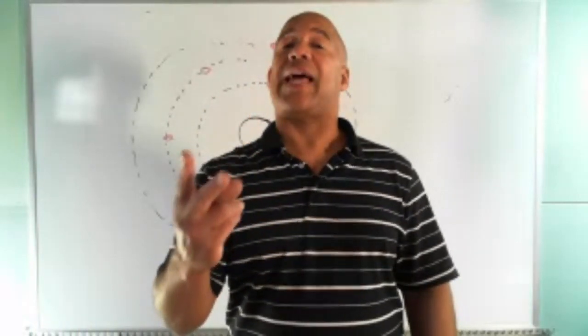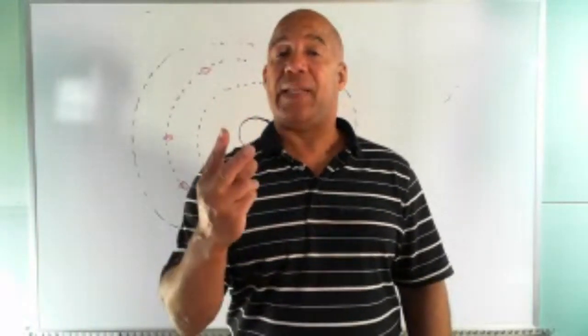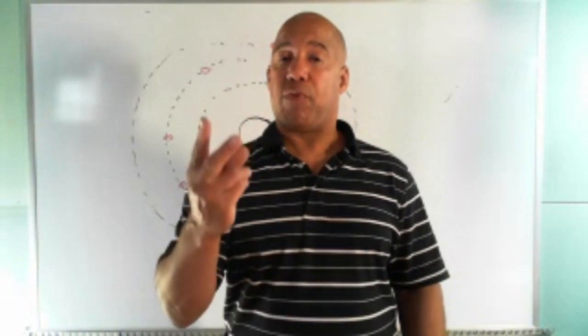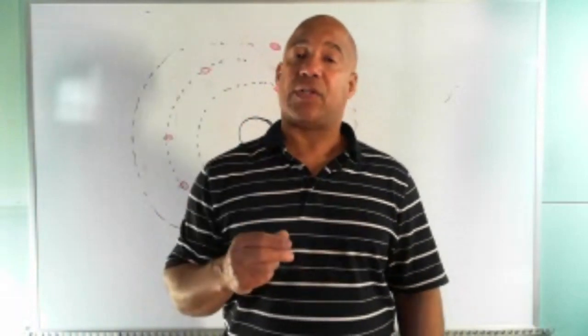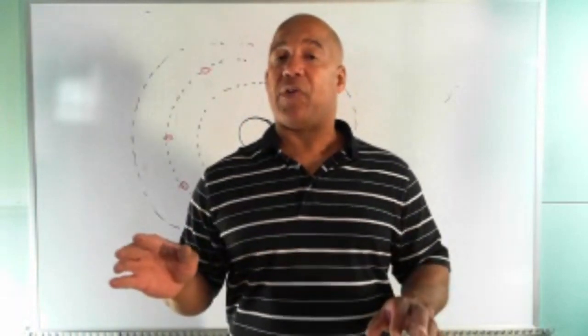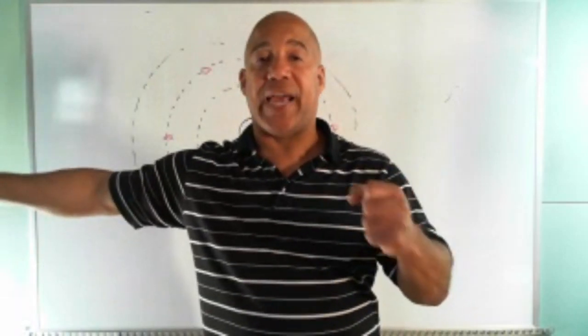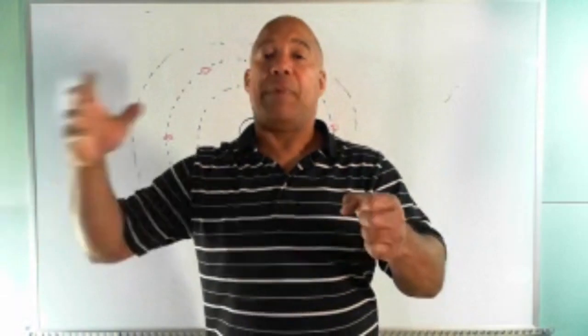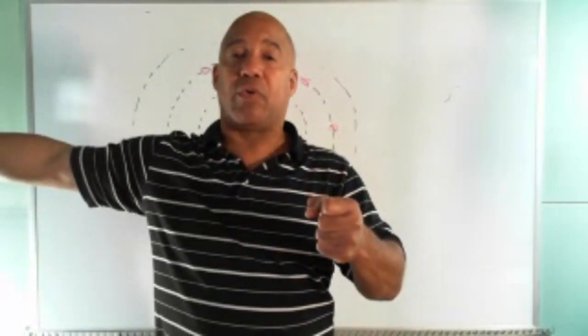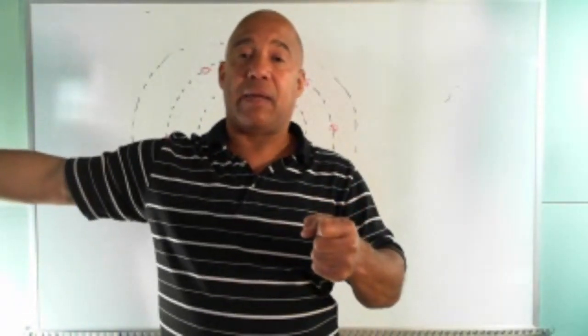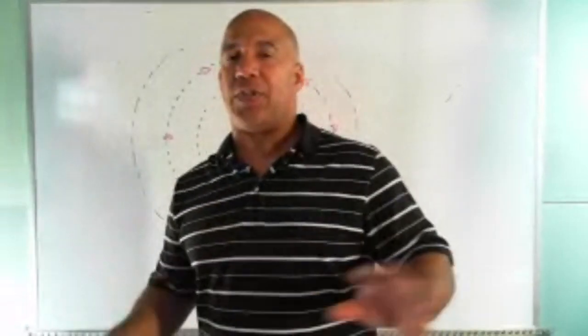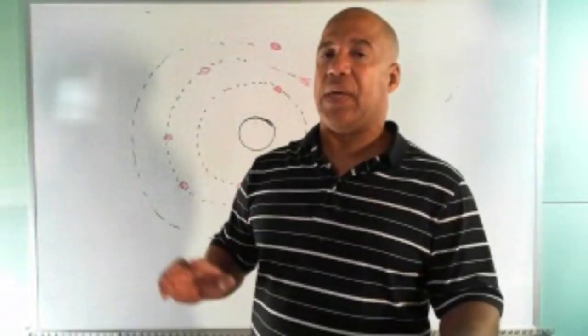Now, if we assume that I have a neutral atom of helium, that means I have 2 protons and 2 electrons. But there's nothing stopping Mother Nature from taking one of those electrons away. It can't take a proton away. That would change the element to something else. But nature can take away an electron, and I don't have a neutral atom. I have an ion. So what we usually do is assume that the number of electrons and protons are the same.